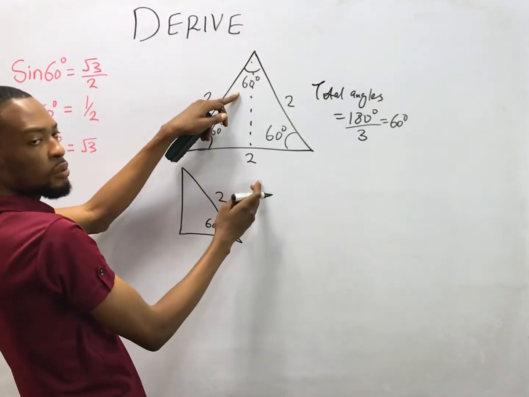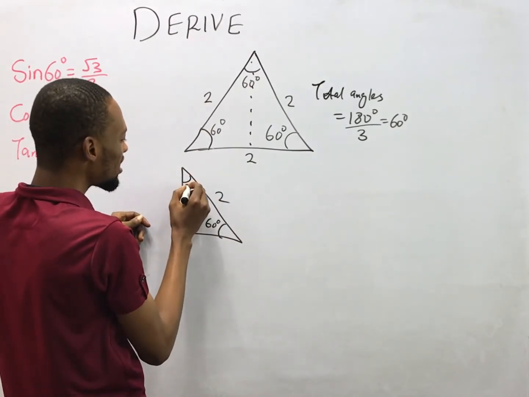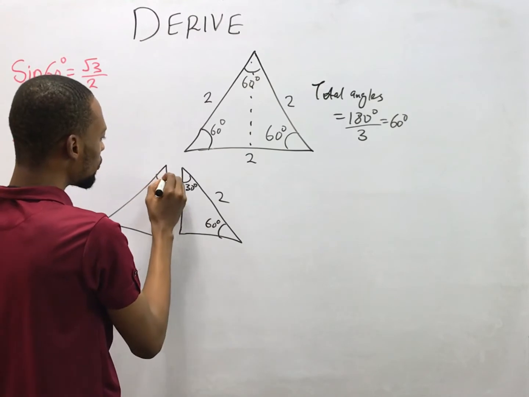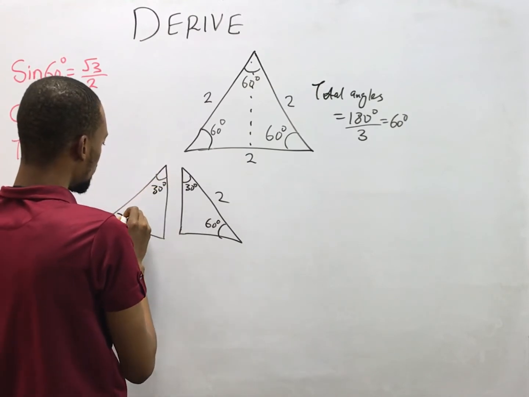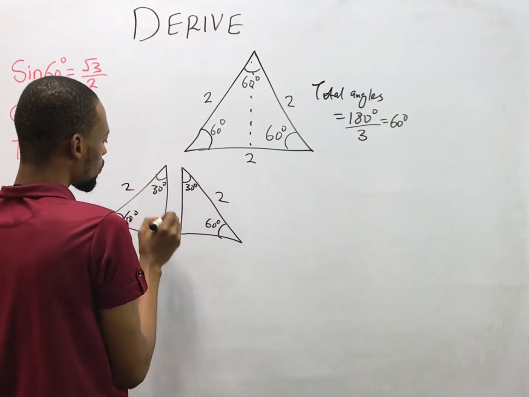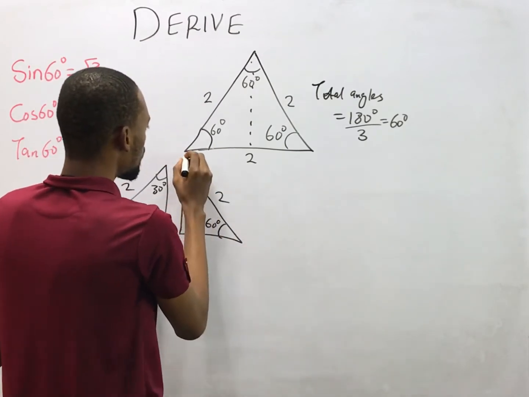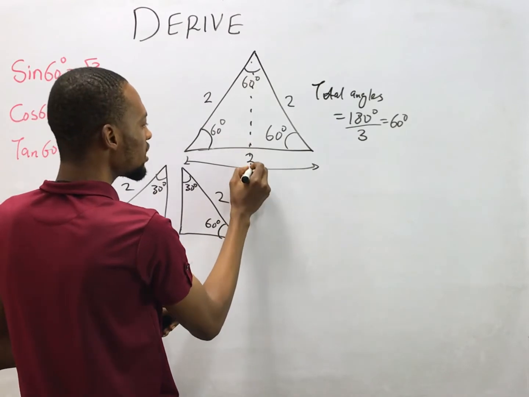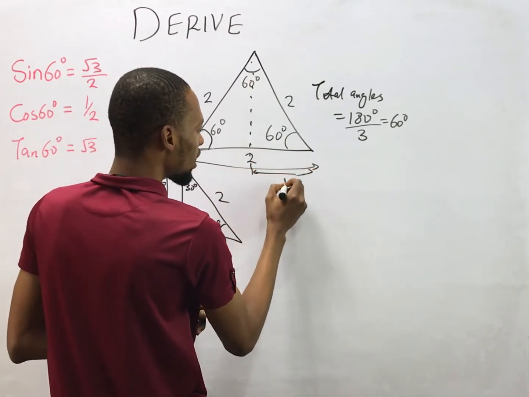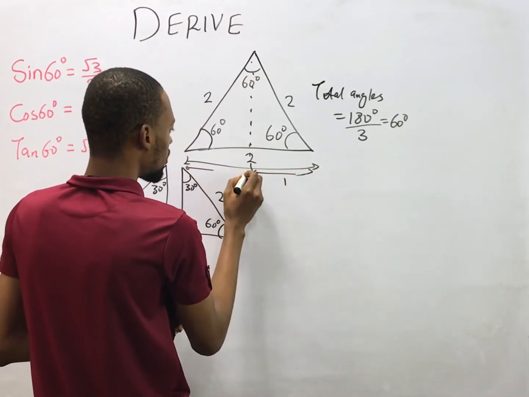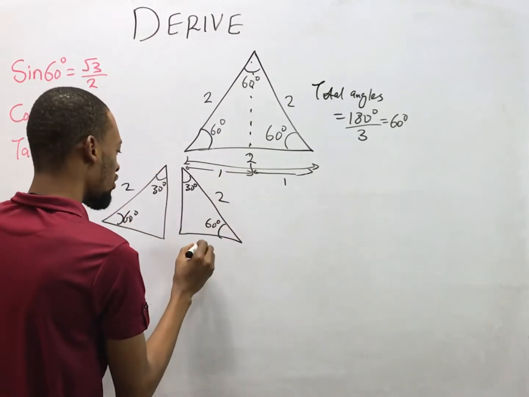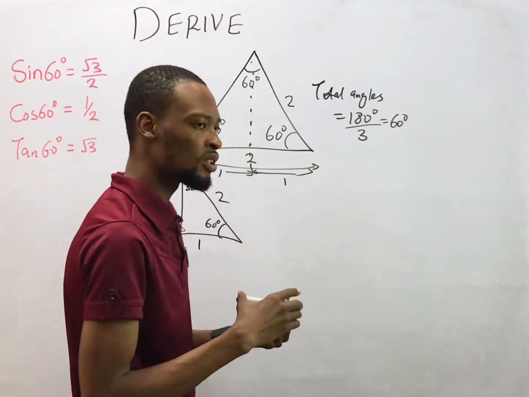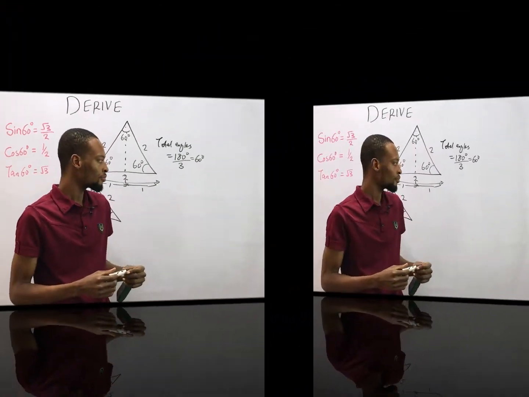We are splitting it equally, so it becomes 30 degrees, while the other part here similarly will be 30 degrees. Now look at it. From here to here is 2. Since we are splitting, this means one side is 1, and this other side is 1. So we have 1 here, we have 1 here. With this, we are done with the first step.